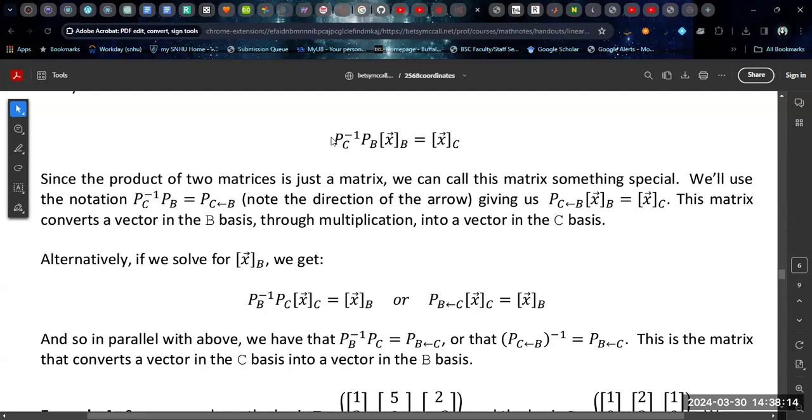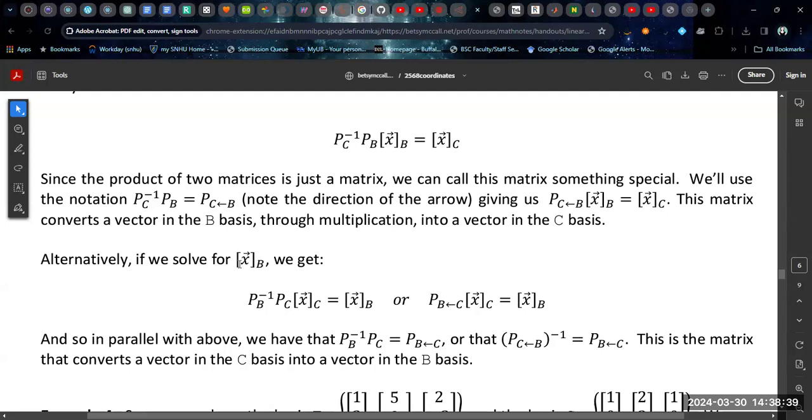But it's just represented by this. And sometimes, again, you will see this replaced in this notation. But again, they're trying to remind us of the order we're doing the multiplication in: the destination basis that you're ending up in is the inverse, and the one that you're starting out in is the non-inverse.